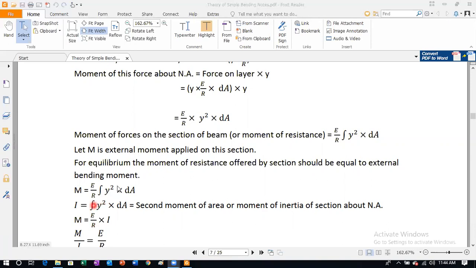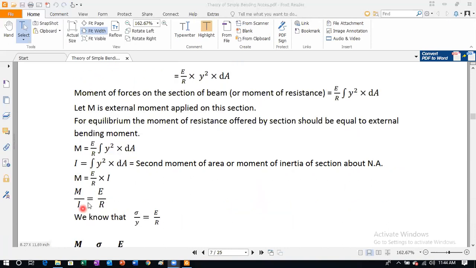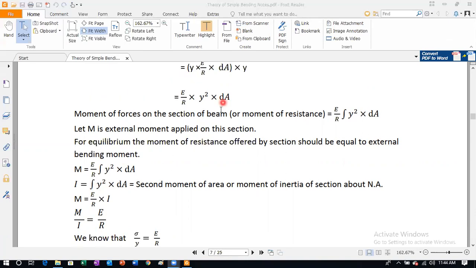From here, we will have M upon I equal to E upon R. And we know E upon R is also equal to sigma upon y, which we discussed in our previous derivation.